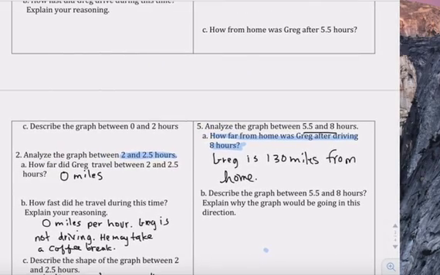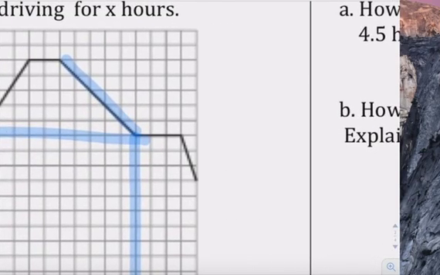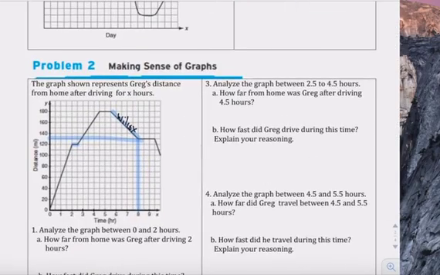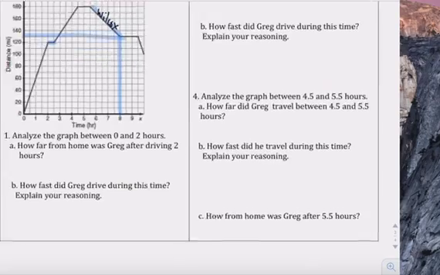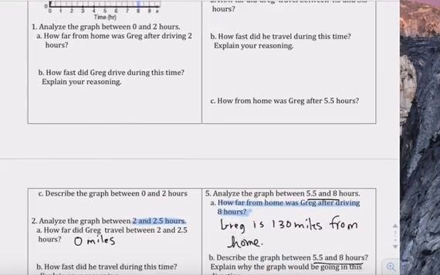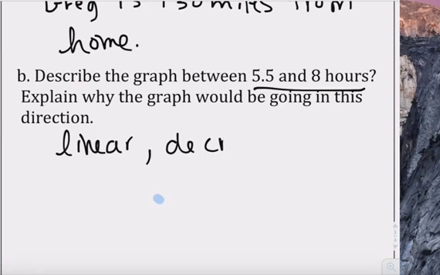B, describe the graph. Okay, describe that graph. If you write your name on it, Wilcox. It's going down. So it's a linear graph that is decreasing. Linear, decreasing.